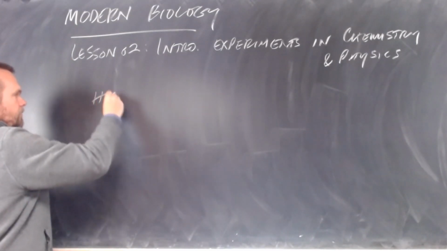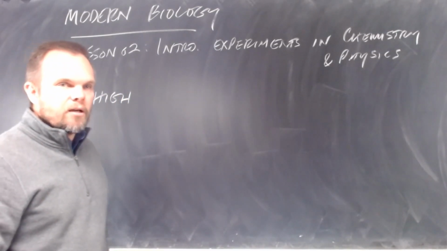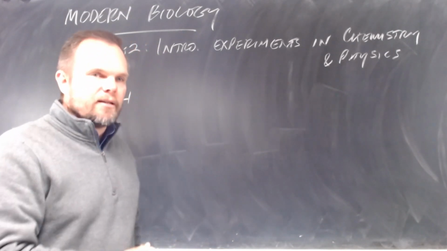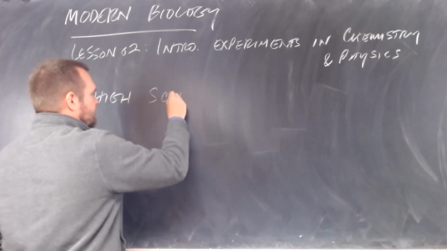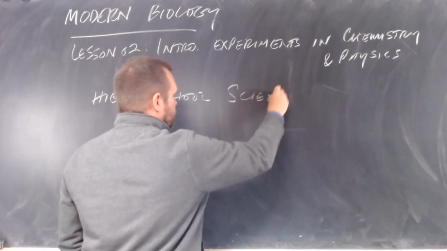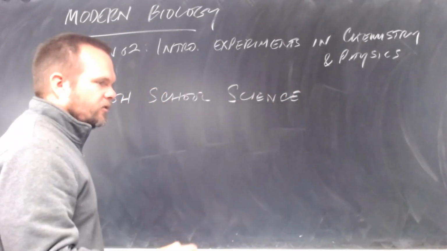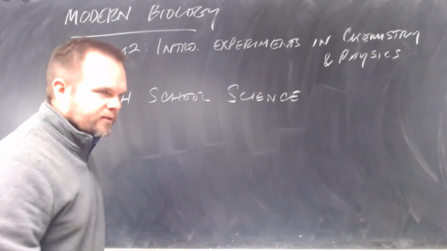So let's just review this a bit because it'll help you to understand why we have a lesson about physics and chemistry in our biology class. We said that in high school science, a good college preparatory high school program will include 4 years of science studies.